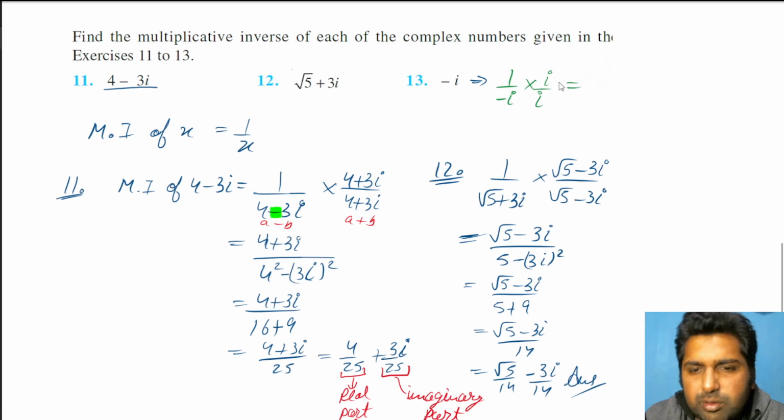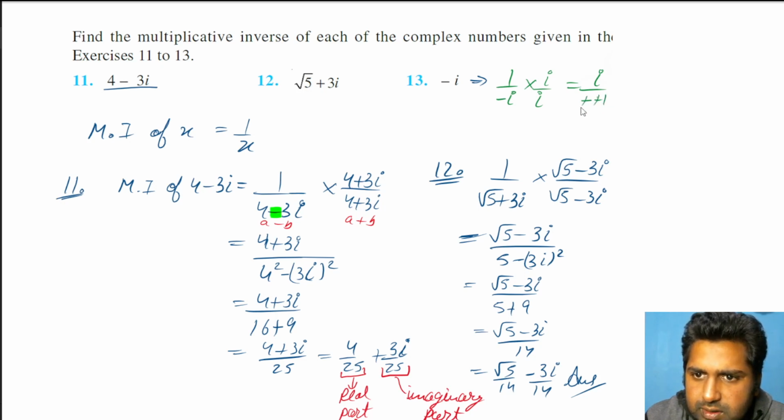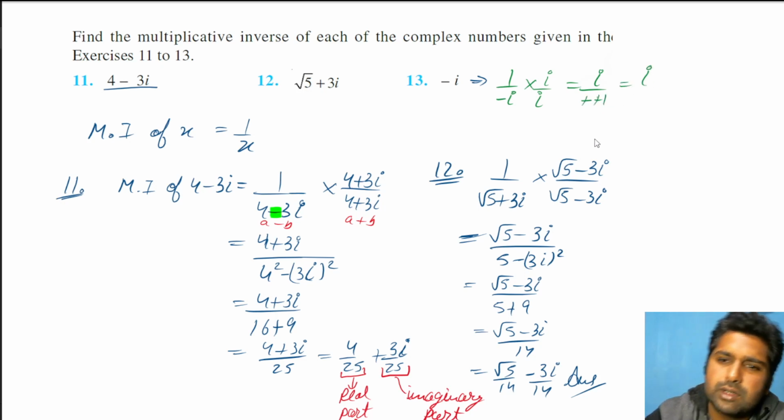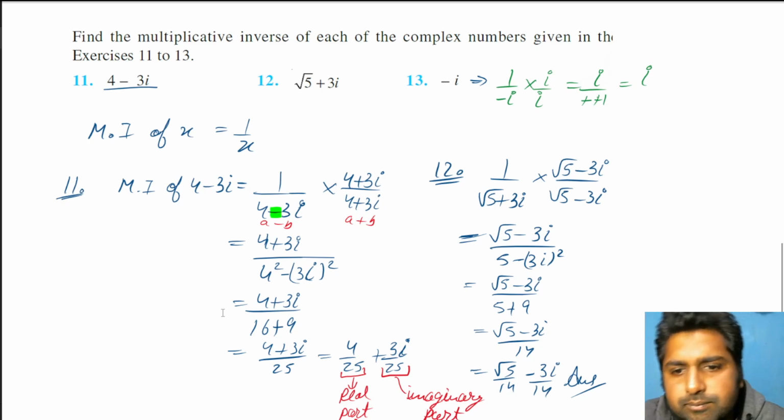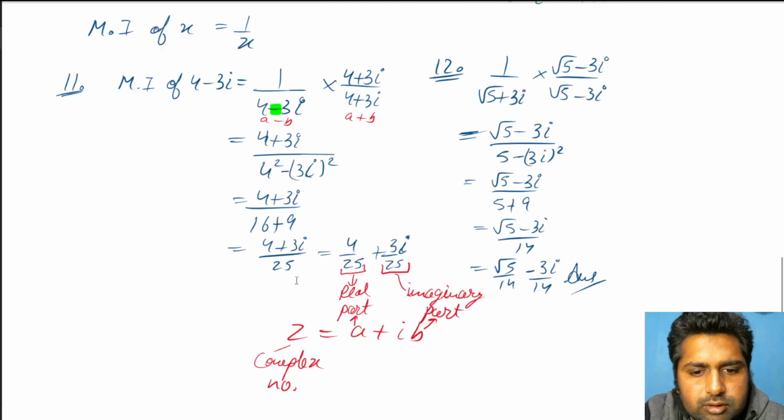This is what we have done in the example shown above. So iota into iota, iota square, that is nothing but minus of minus 1. So negative negative cancels, and that becomes iota.